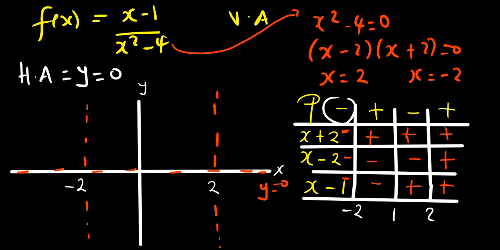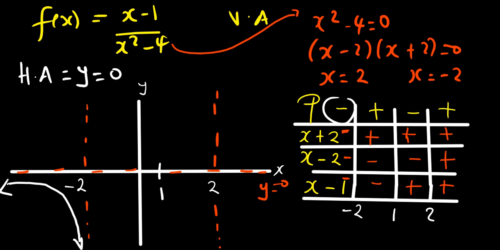Now we have a negative, so it means it will be down. The values that you want will be down in this region. Then let's come to the next region. Because we also had the 1, let's put our 1 here.